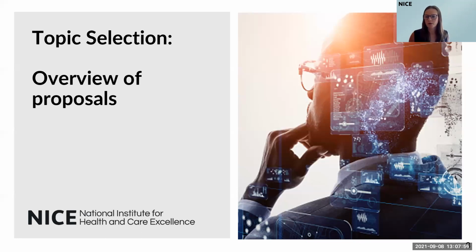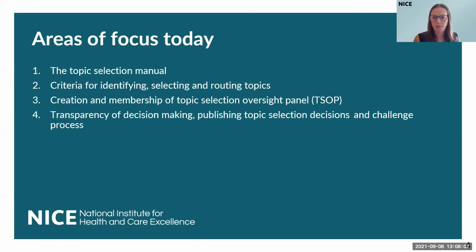Thanks, Jen, and good afternoon, everyone. So I will take you through the overview of the topic selection proposals that's been part of this consultation. So first up, I'm going to give you a snapshot of what we're going to cover today. Number one, the topic selection manual, the criteria for identifying, selecting and routing topics.